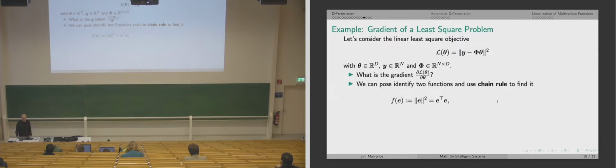So here, the idea is to apply chain rule. First, the first function we identify is the square norm. And the square norm can be expressed with vectors as the dot product of the input vector with itself. And we can compute the gradient of that.